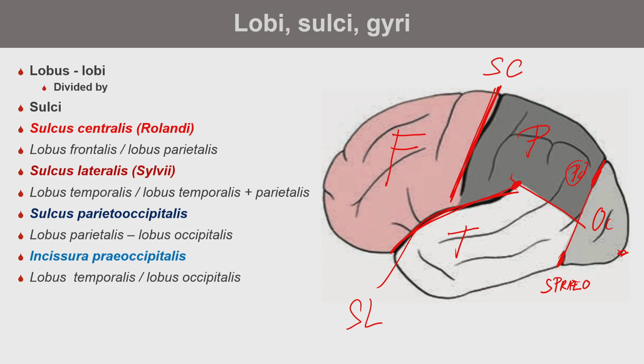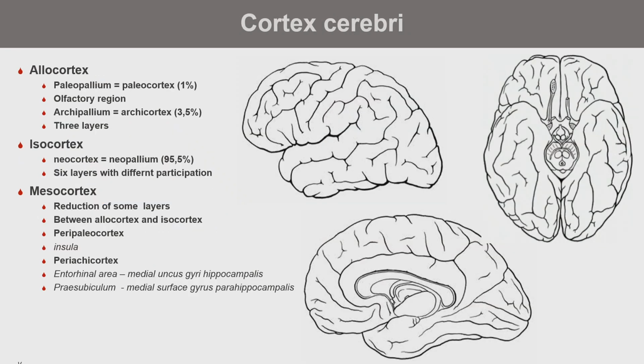So we have lobes. Lobus frontalis, parietalis, temporalis, occipitalis. So four lobes seen from lateral part. Cortex cerebri could be divided into the three architectonic main groups: allocortex, isocortex, and mesocortex.